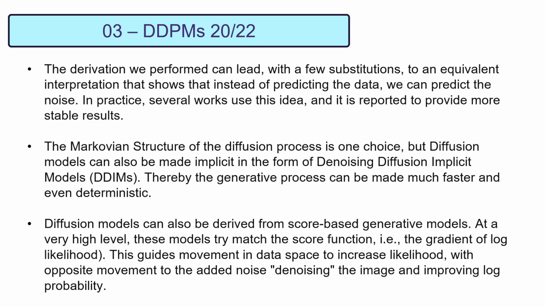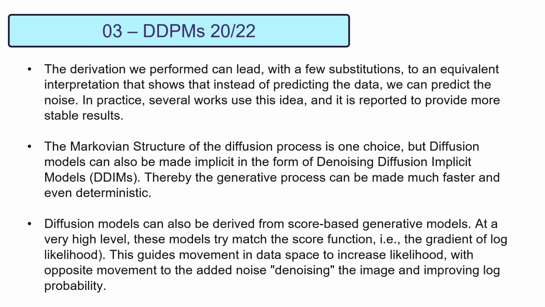Another nice thing is that diffusion models, which we just saw derived in a super tiny way, can actually be derived from score-based models, which give them a physical interpretation, as they should have, I think. It's beautiful. Essentially, you're trying to estimate directly the gradient of the likelihood of the data. You don't know the likelihood function, so you estimate the gradient, and in an intuitive way, this guides the data in the space, because the gradient tells you in which direction to move, right?